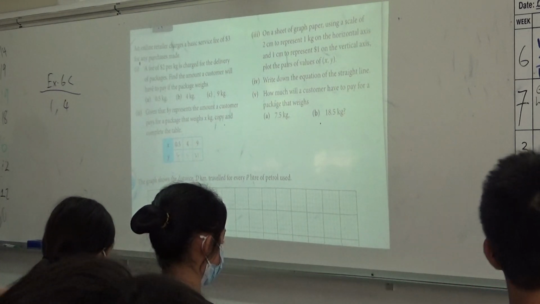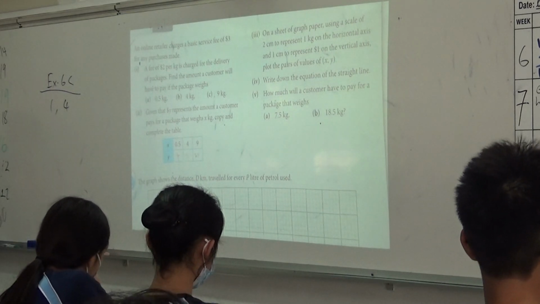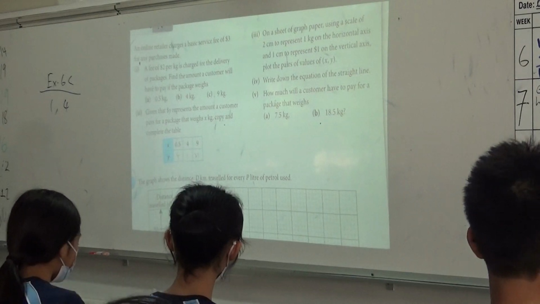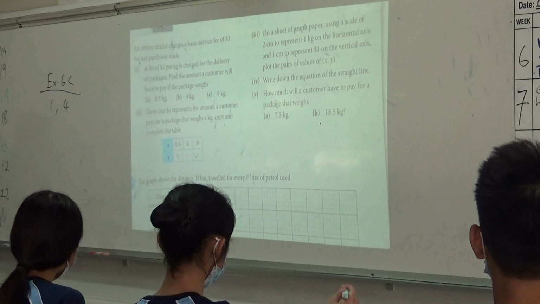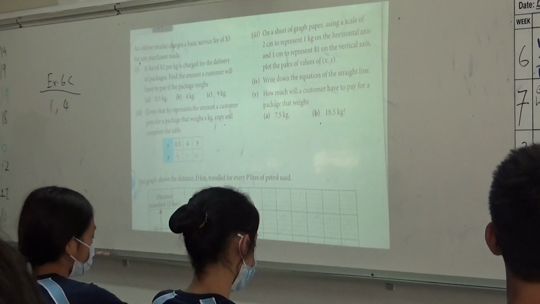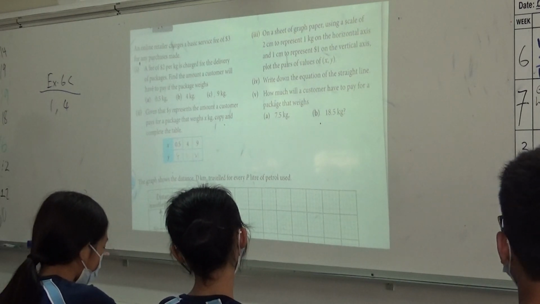All of you look at question 4, please. Can you see it's just answering part 1, part 2, part 3? Okay, can you write the answer at the back of the graph paper? I'm talking to the class. Yes. For question number 4, you write the answer at the back of the graph paper.